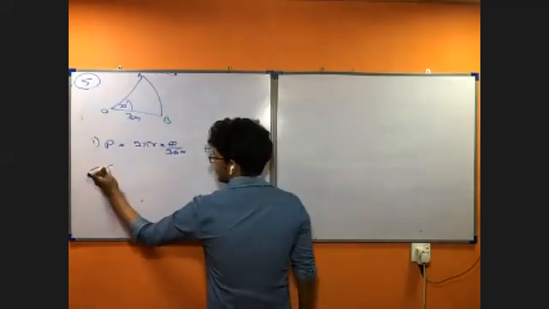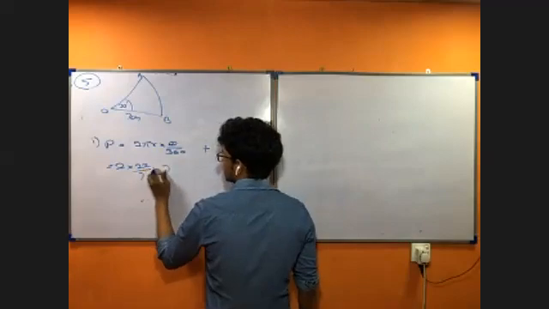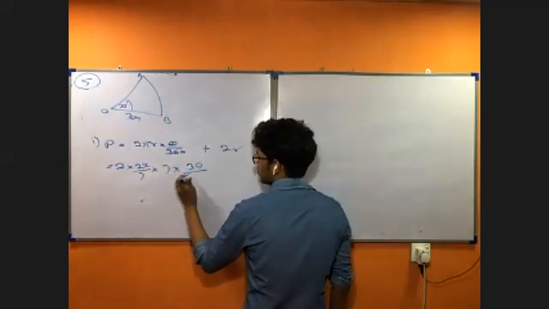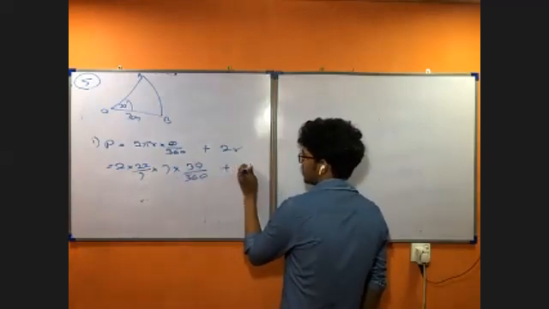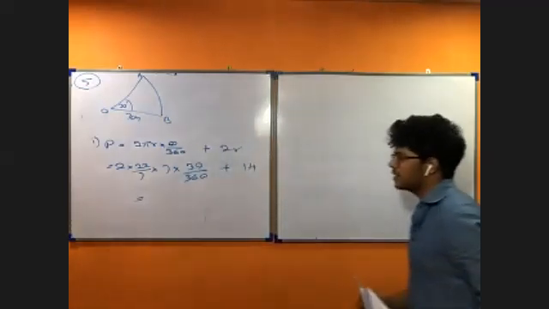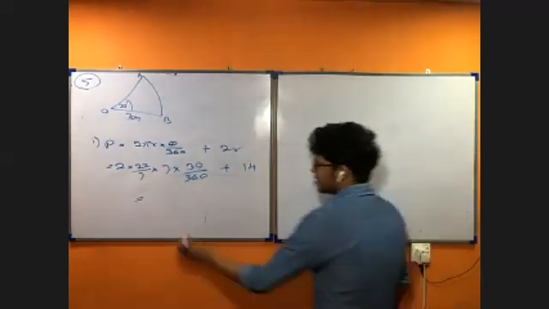So that is going to give me 2 times 22 over 7 times 7 times 30 over 360 plus 2r is 14, right? So when you simplify this, you should get 17.6.